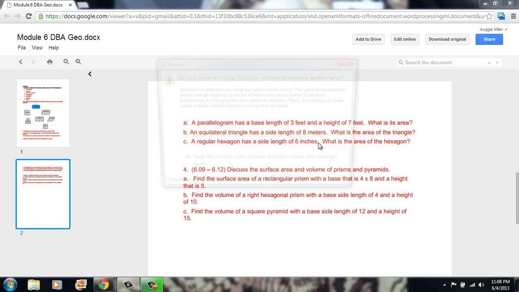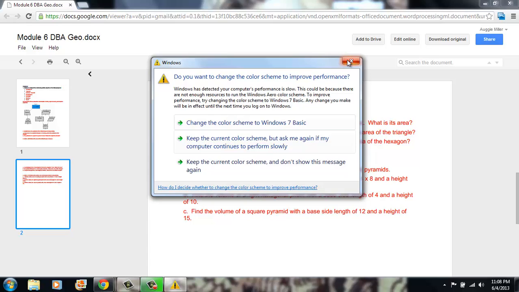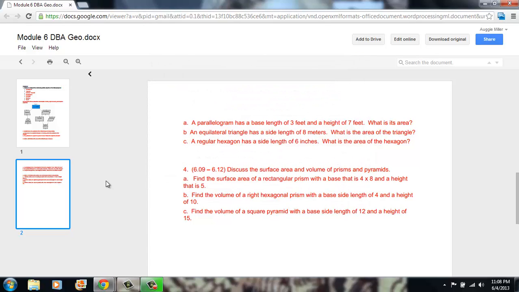You have a right triangle with a hypotenuse of 6 and a base of 3. So 6 squared is 36 minus 3 squared, which is 9, equals what? Whoa, hold on. 36 minus 9 is 27.